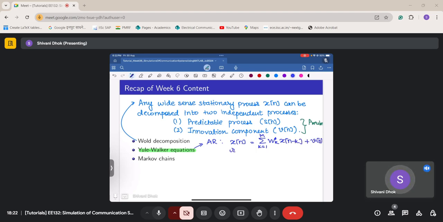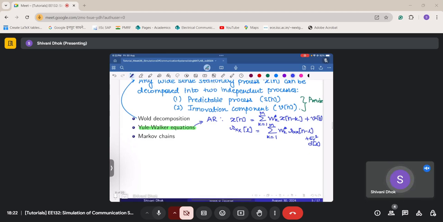Then your rxx of L is given by summation k equal to 1 to m, wk conjugate rxx of n minus L, plus sigma v square delta L. Okay, so this is what we are having here.